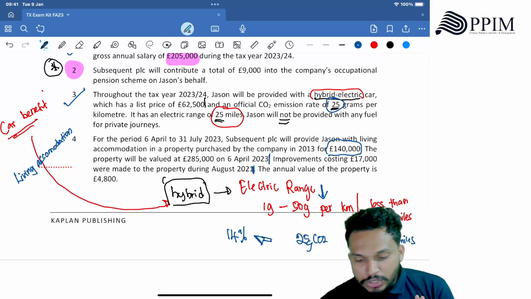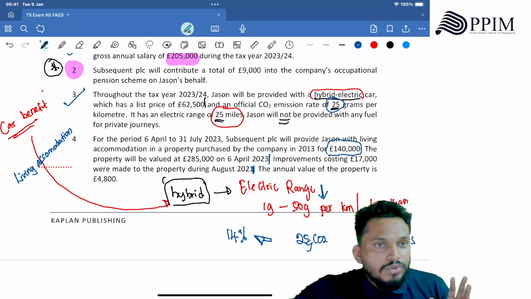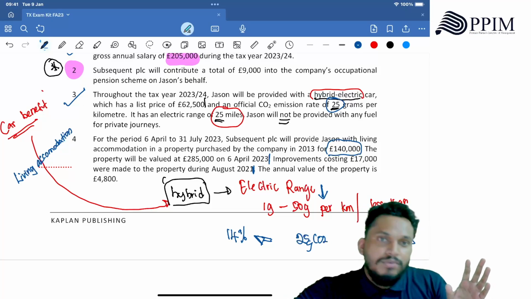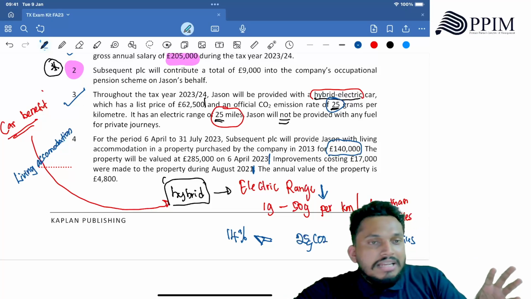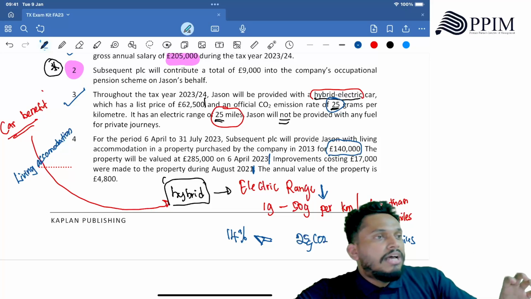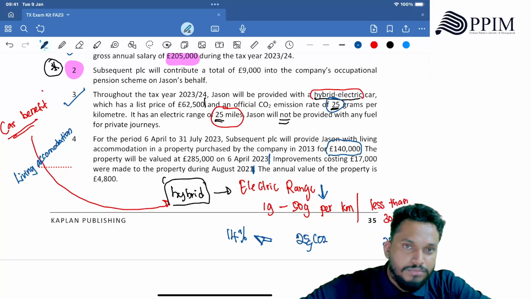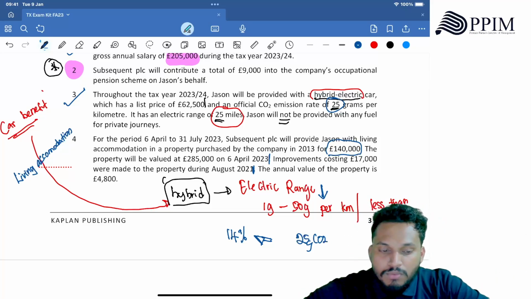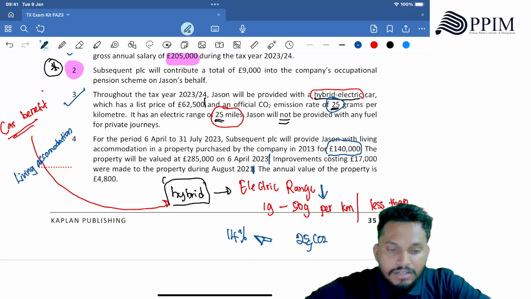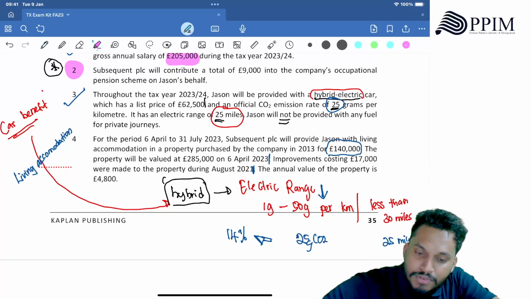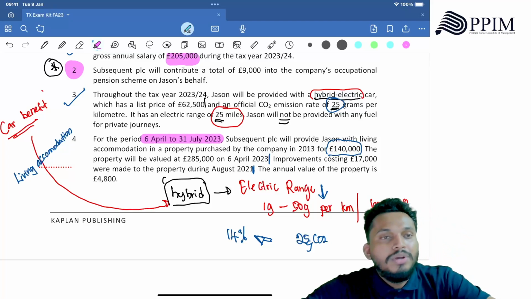So how we are going to charge on living accommodation is, we are going to recognize your income as how much it has been offered to you. The property was offered to you for 4,800 for the period of 6th of April to 31st July 2023.